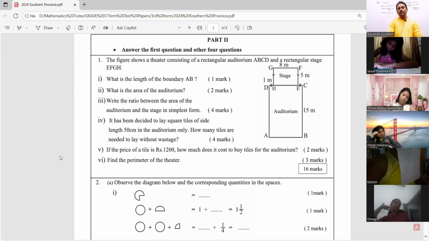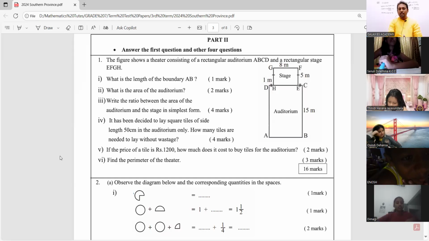The figure shows a theater consisting of a rectangular auditorium ABCD. This is the auditorium ABCD and the rectangular stage EFGH. This is the rectangular stage.